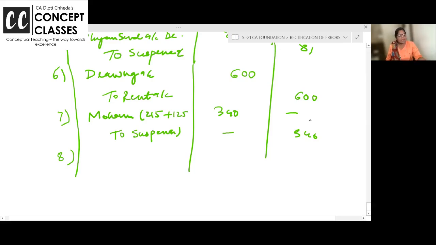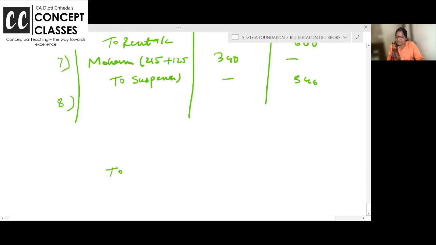Eighth problem. Sales book added 900 short. Yes, in the sales book 900 is short. So what you will do now? Sales book, what is the nature of the sales book? Credit.